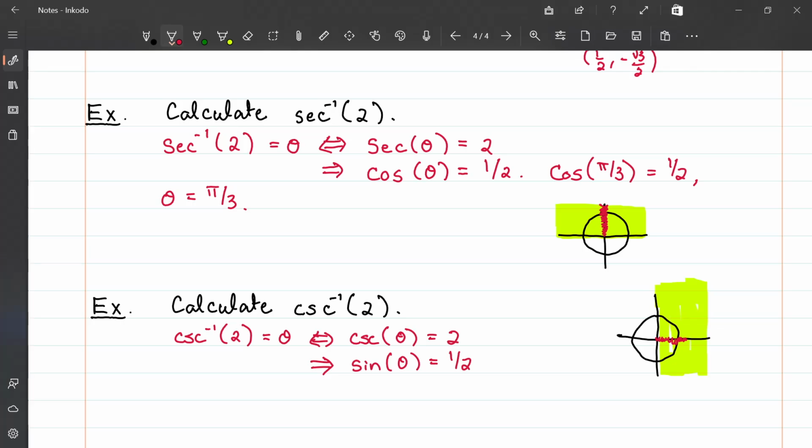Now, once again, I've chosen this value 2, so I get 1/2, and that's because 1/2 happens to correspond with one of our common reference angles. Specifically, if you do a little bit of calculation, you'll find out that sine of pi over 6, sine of 30 degrees, is equal to 1/2. And so the answer we should be getting for this problem is pi over 6, predictably.